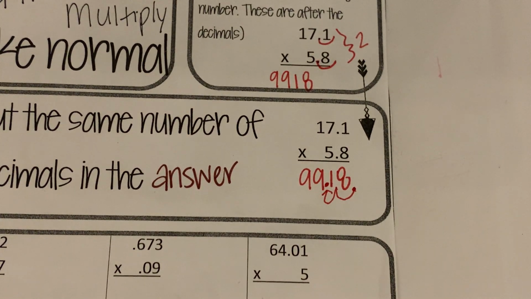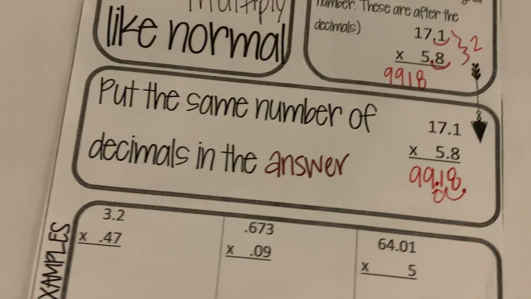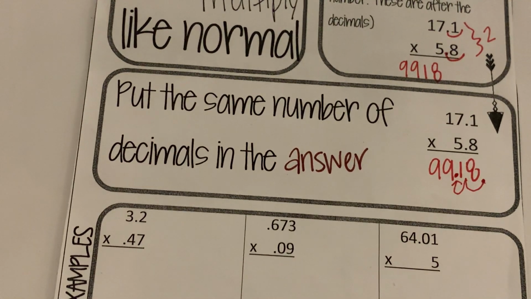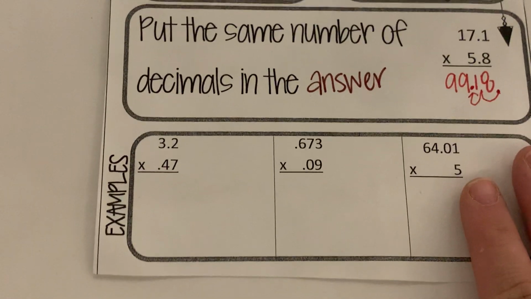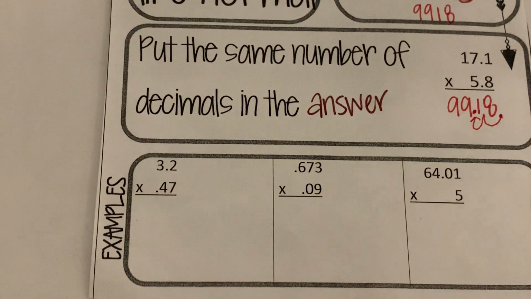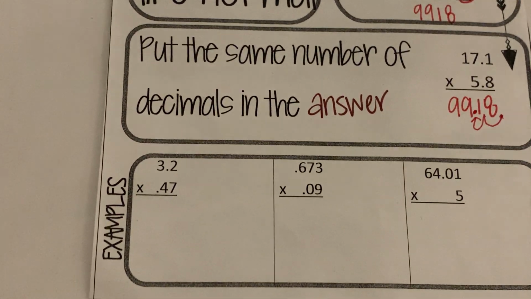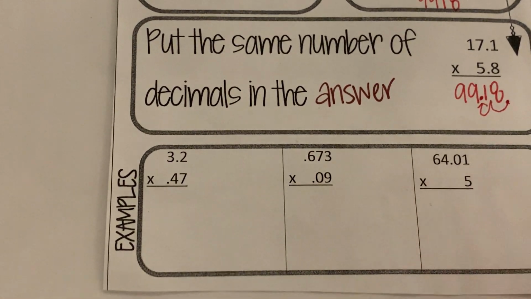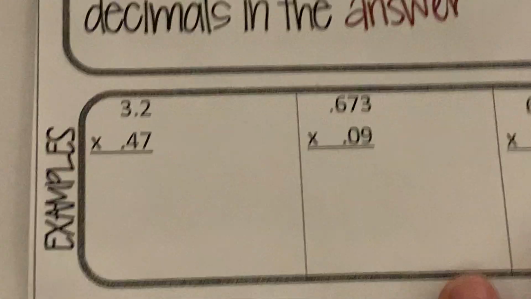And that's it. That's all there is to it. Pretty simple. Okay, let's do a couple of these practice problems. What's the first step? Multiply like normal. So I want you to start by multiplying this 3.2 times 0.47 just like you normally would.